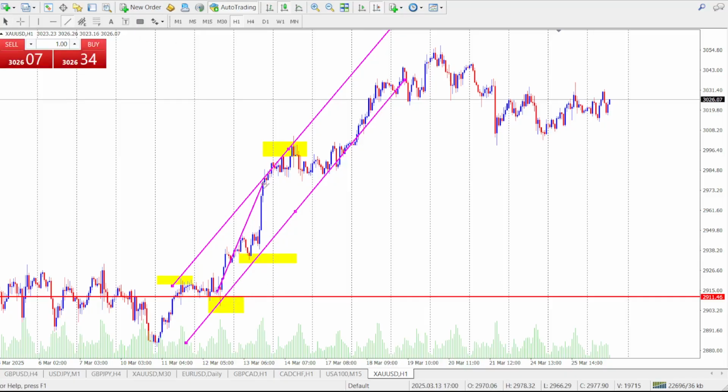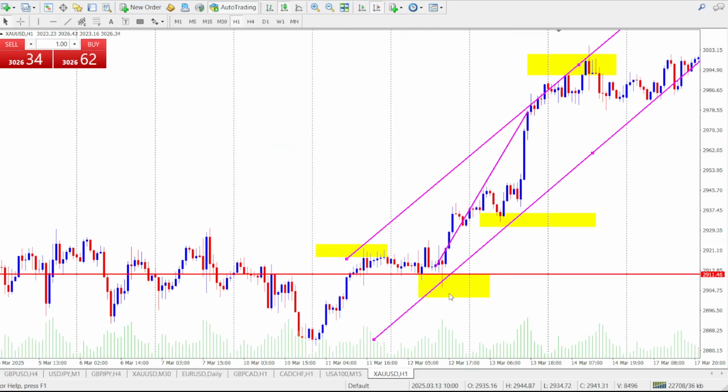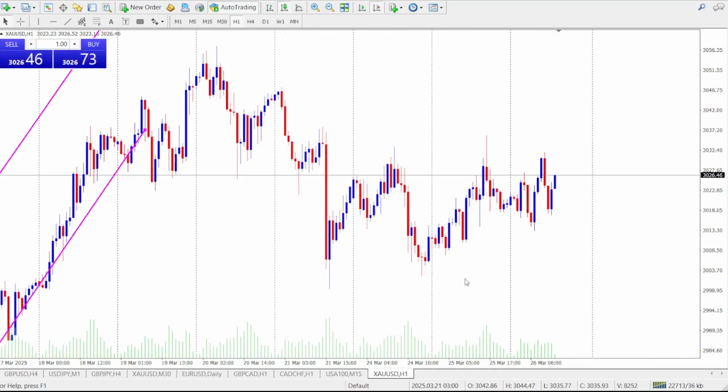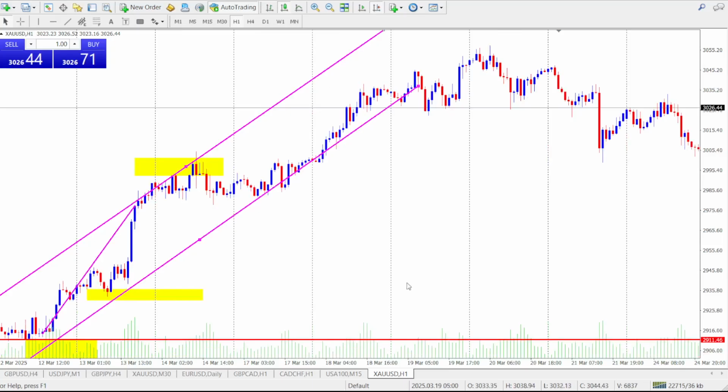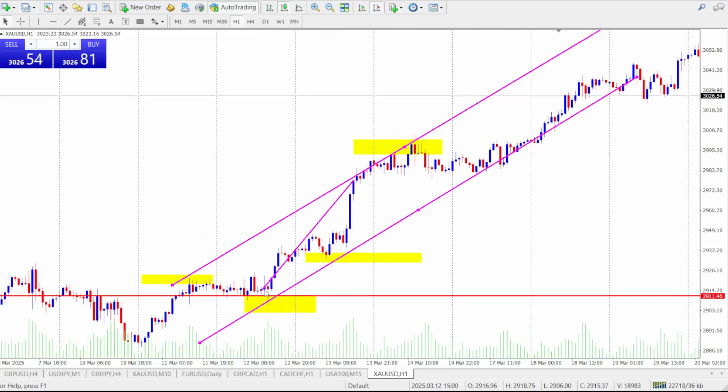So traders look for bullish confirmation signals before entering a long position. You can watch out for bullish candlestick patterns, rejection candles and all of that around the support. If you get a confirmation around the support, you can go ahead and enter your buy trade.